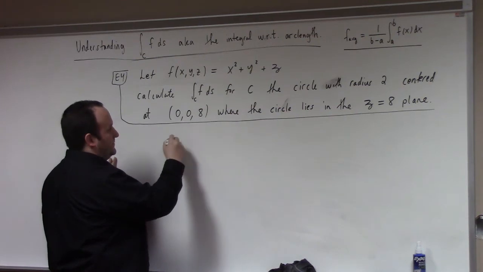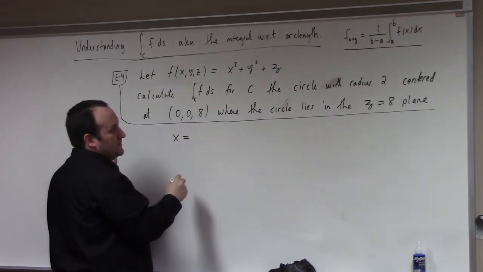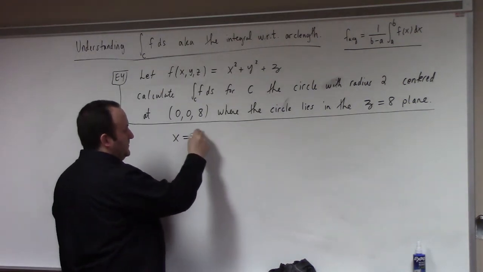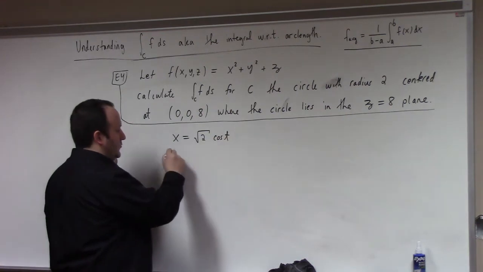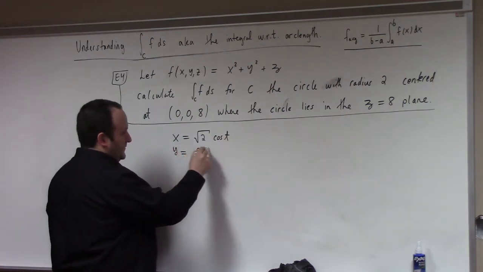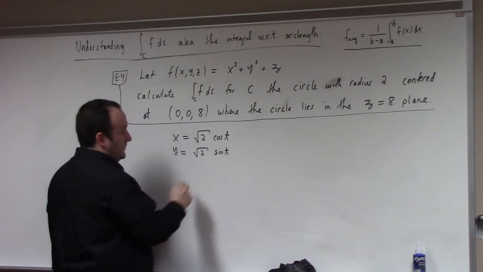I'm just going to write it down. We want x equals to what? Square root of 2 cosine t, yeah. Y equals to what? Square root of 2 sine t. And how about z?